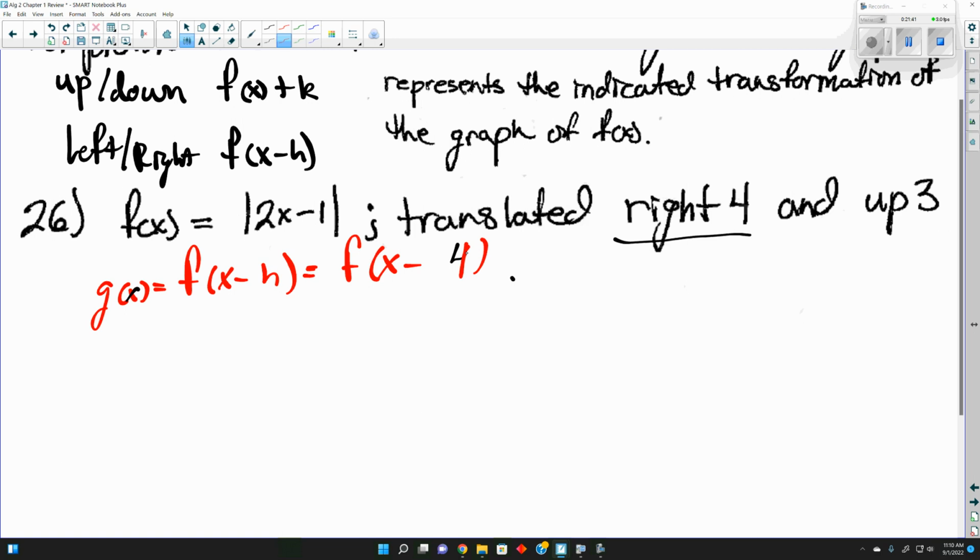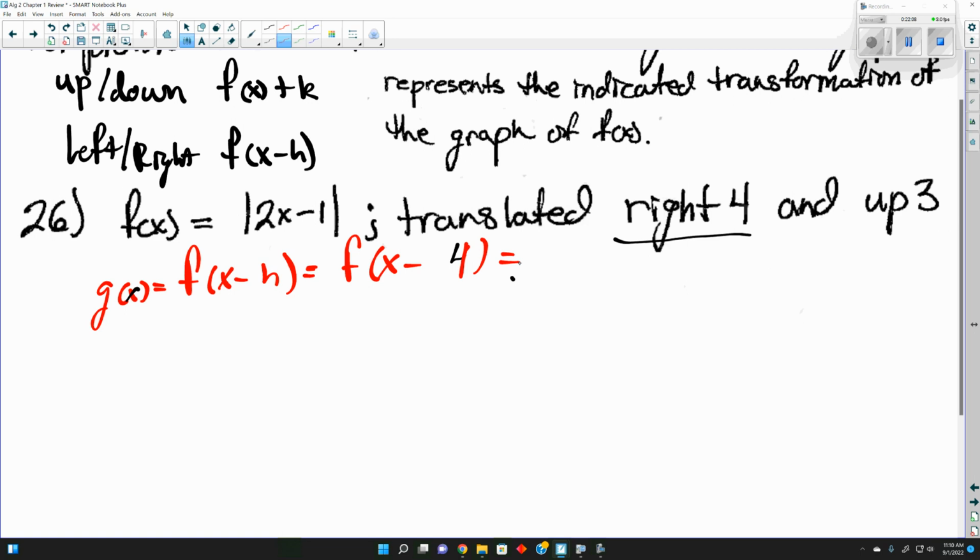But in the function, it looks like negative 4, yes? And that's fine, because again, we're plugging in positive 4. We're replacing h with positive 4. The fact that it has the minus isn't a part of that. This is just a part of the equation. X minus h is a part of the general form. So moving right 4 will look like x minus 4 inside the parentheses. Questions on this here?